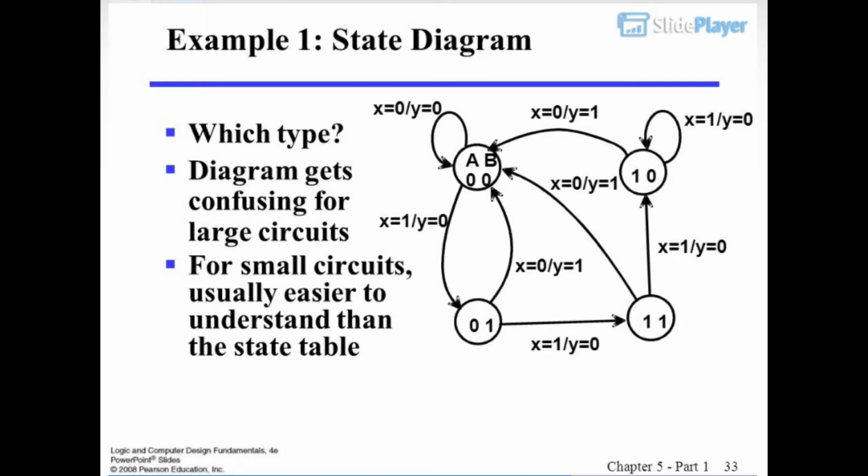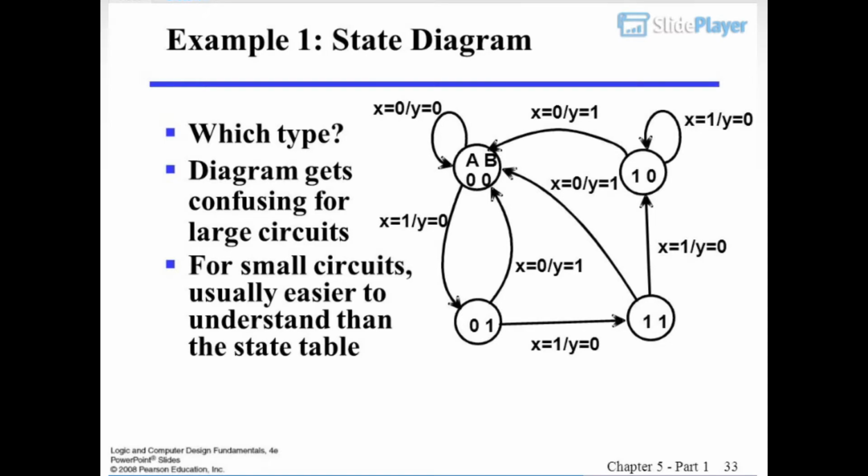AB: 00, 01, 11, 10; x equals 0 / y equals 1, x equals 1 / y equals 0, x equals 0 / y equals 0. Which type of diagram gets confusing for large circuits? For small circuits, it is usually easier to understand than the state table.